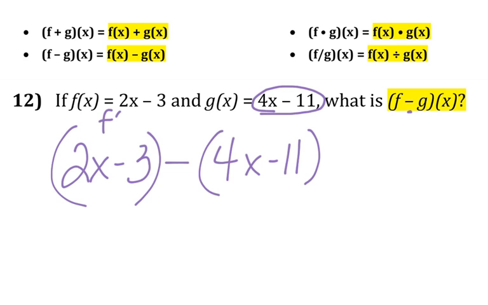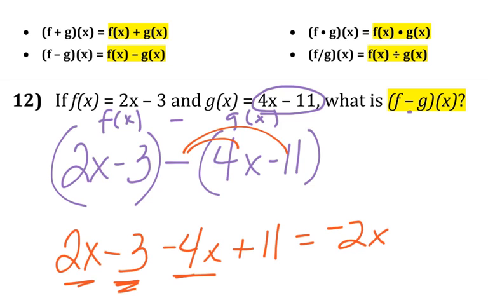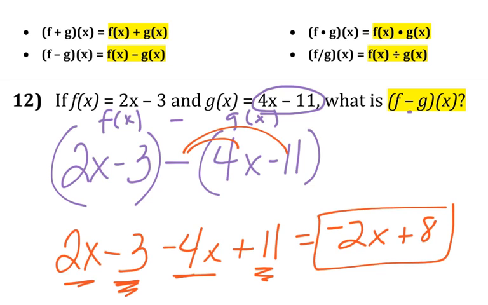There's my f of x minus my g of x. And so it might help if you think about it like that. So I'm going to have 2x minus 3, and I'm going to subtract 4x, and I'm going to subtract negative 11. And then I'm going to combine my like terms. And that is my answer.